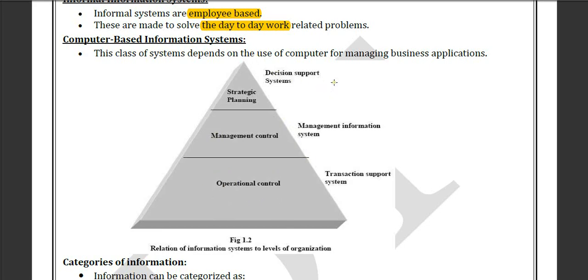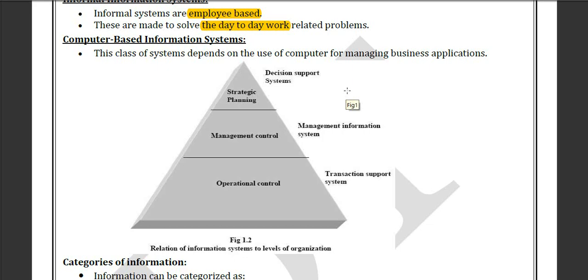Here we have the decision support system, which is known as DSS, which is on the top. Decision support system is decided by the owners of this company, known as decision support system, because they give us the decision.